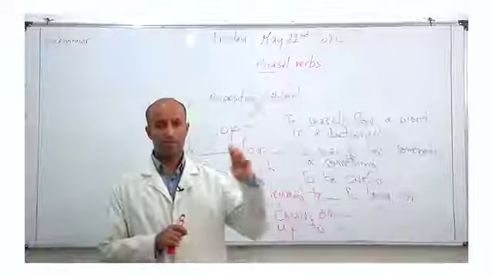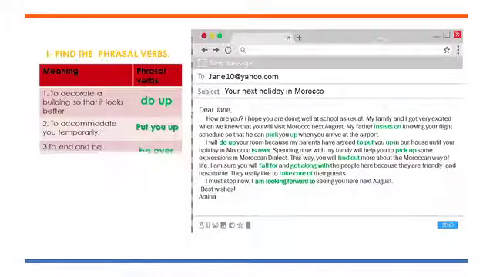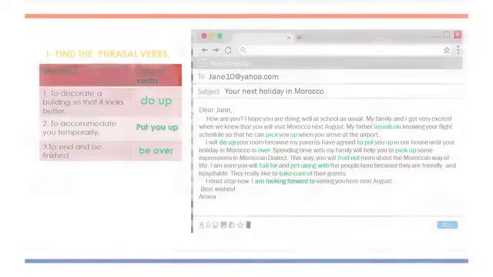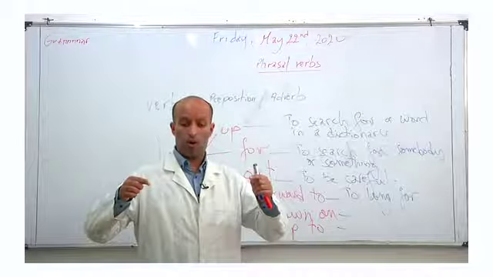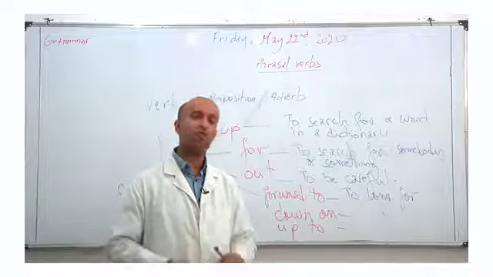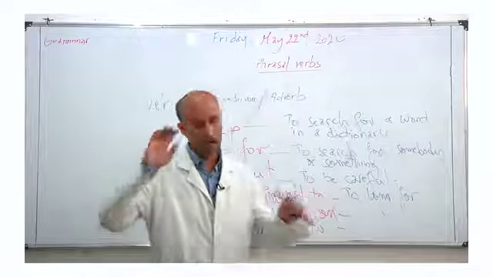Number 3, to end and be finished. Again, it's in paragraph number 2. "I will do up your room because my parents have agreed to put you up in our house until your holiday in Morocco is over."